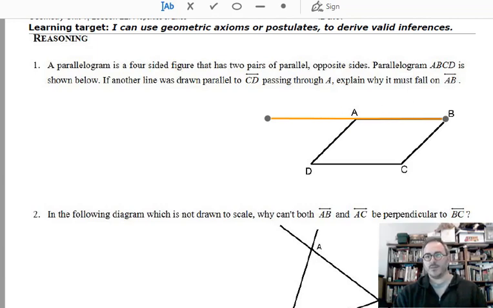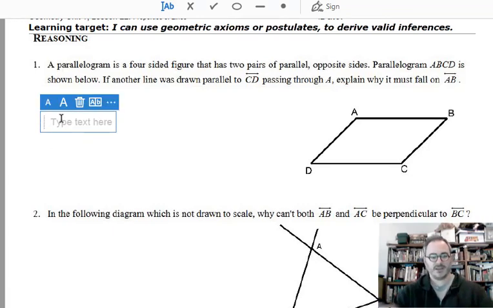So now we have to explain in words, why does it have to fall on AB? Let's try to rephrase what they're asking us.